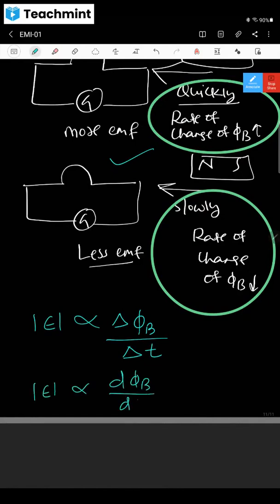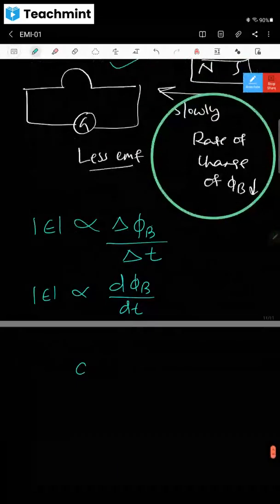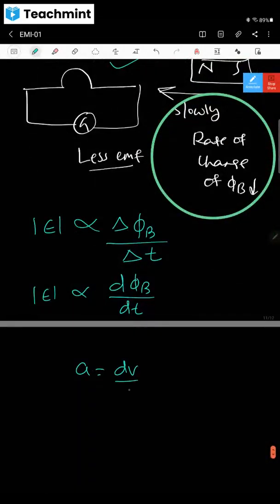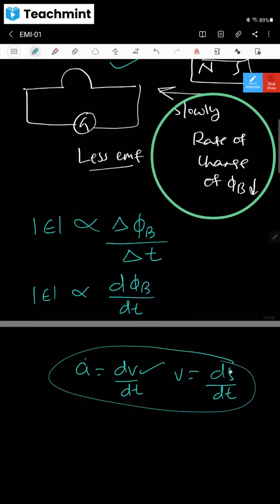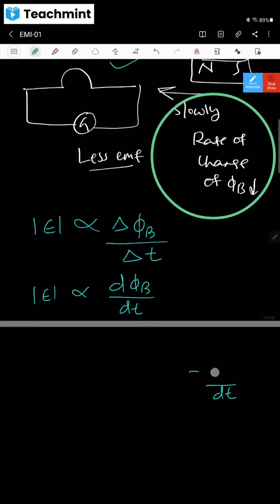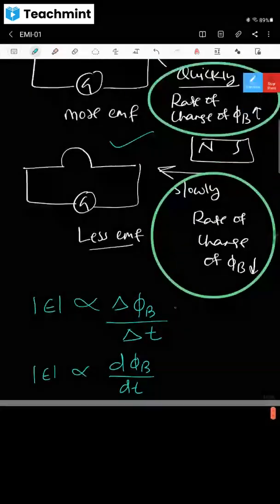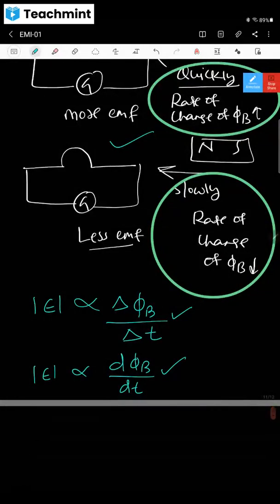Have you heard of rate of change? We used to write acceleration equals dv by dt and velocity equals ds by dt. The rate of change of velocity is called acceleration. So similarly here also, the magnitude of the EMF is directly proportional to the rate of change of magnetic flux.